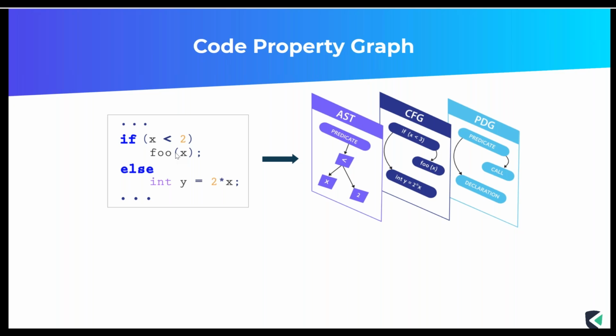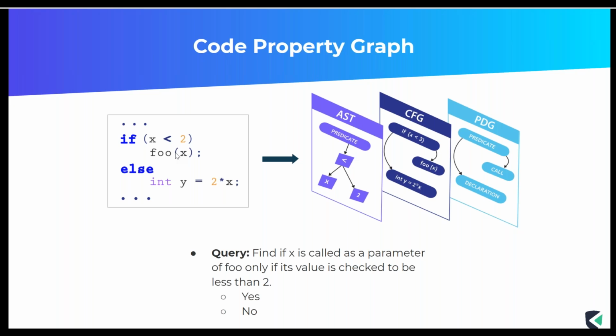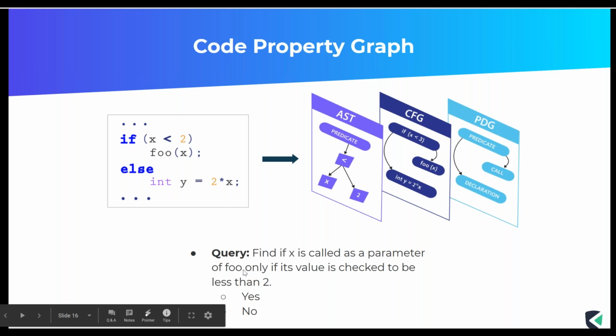Once all this information about code is available, you can have a very high-level query like this: find if x is passed as a parameter of foo only if its value is checked to be less than 2. And then you can have an answer like yes, it's true, or no, it's false.